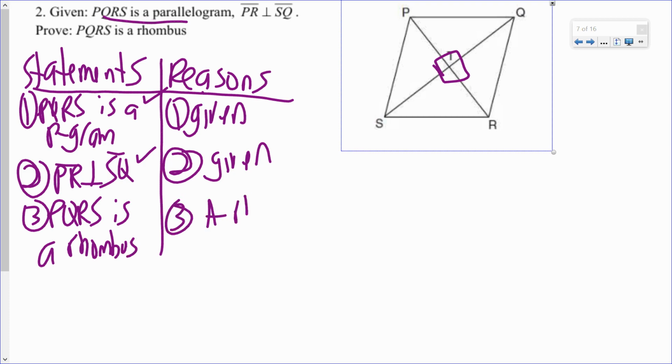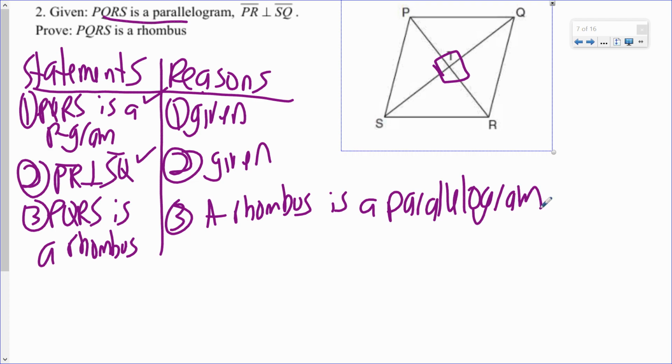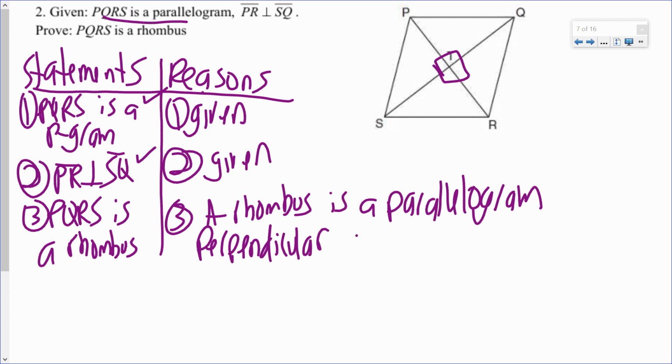A rhombus is a parallelogram with perpendicular diagonals. That's it. That's the concept. If I want to prove a rhombus, I need to prove it's a parallelogram first, and then one of the three rhombus proofs.